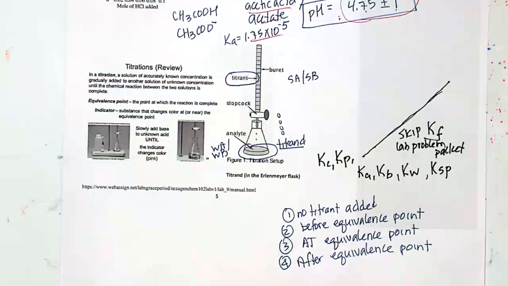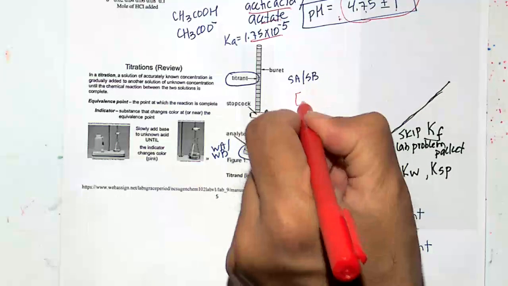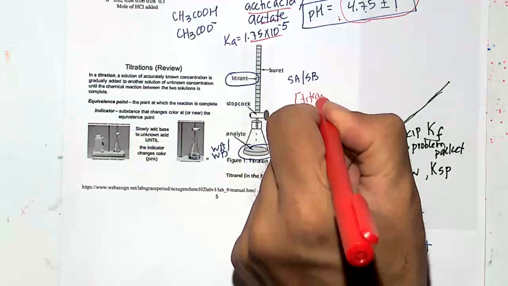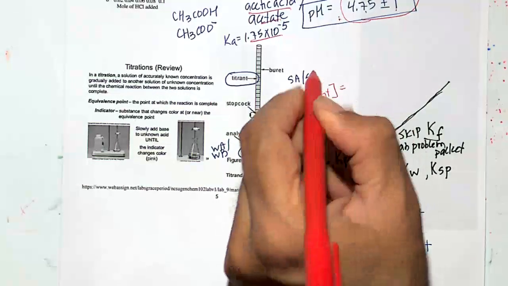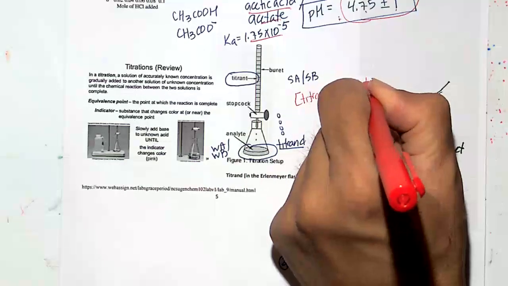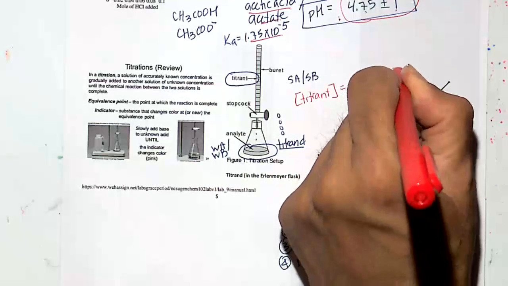What is the equivalence point? The definition of the equivalence point is when your titrant is equal to your titrand, so the amount of your titrant equals the amount of the titrand.